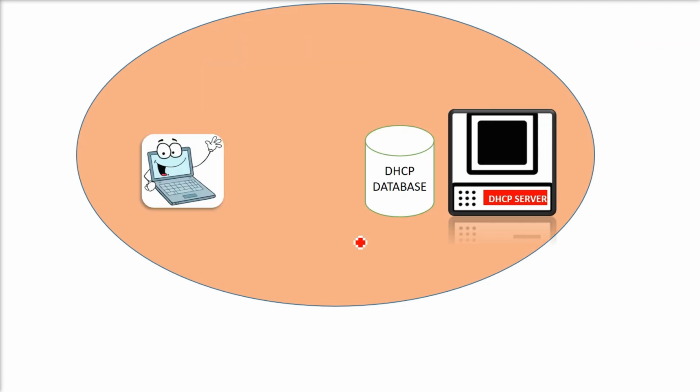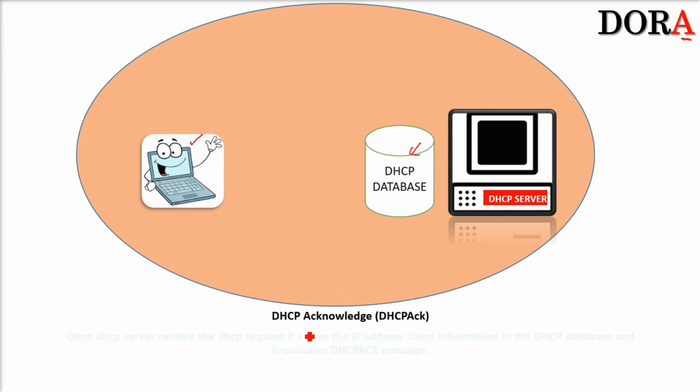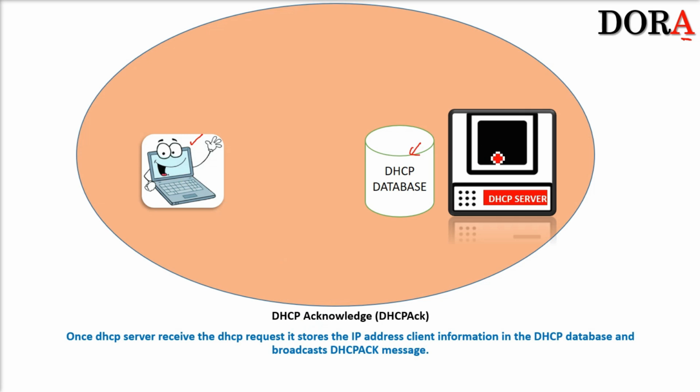Now the final step in this DORA process is A. What does it mean? It is acknowledgement, the DHCP ACK. Now the DHCP server says, okay, if you agree with what I am offering you, once this DHCP server receives the DHCP request, it will store all the network configuration parameters in the DHCP database.